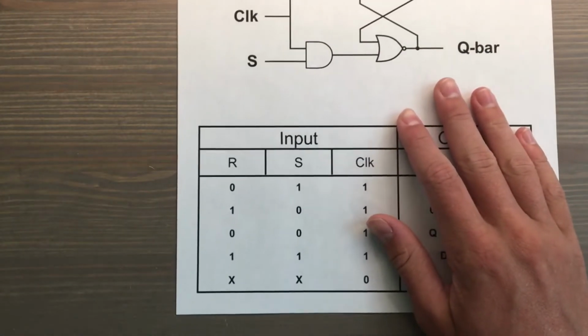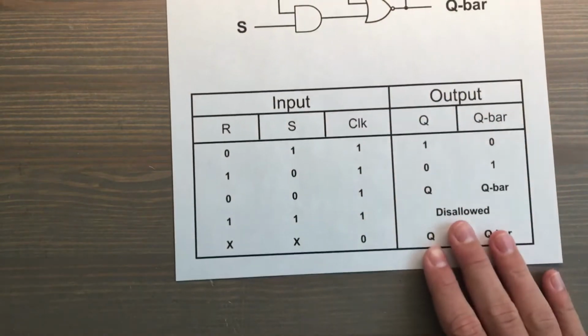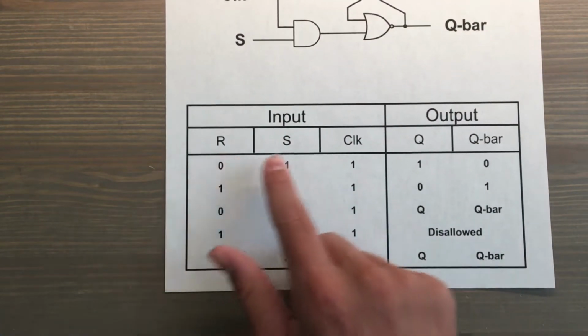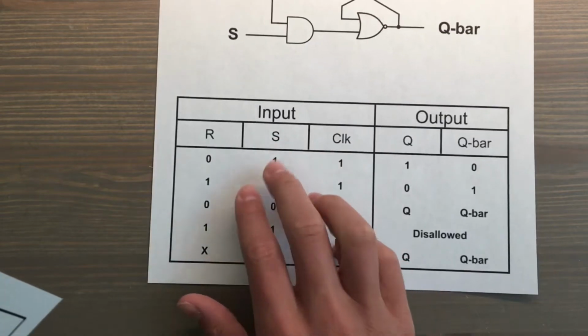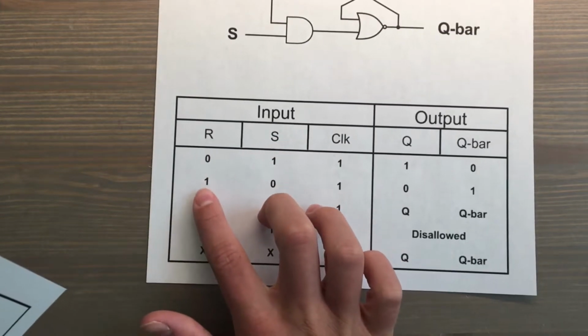So with the addition of the clock, our RS flip-flop can save data at a certain time whenever the clock is set to 1. But if you think about it, our R and S inputs are kind of redundant. You can see in most of our useful times when we're setting the R and S data, R and S are always just opposites.